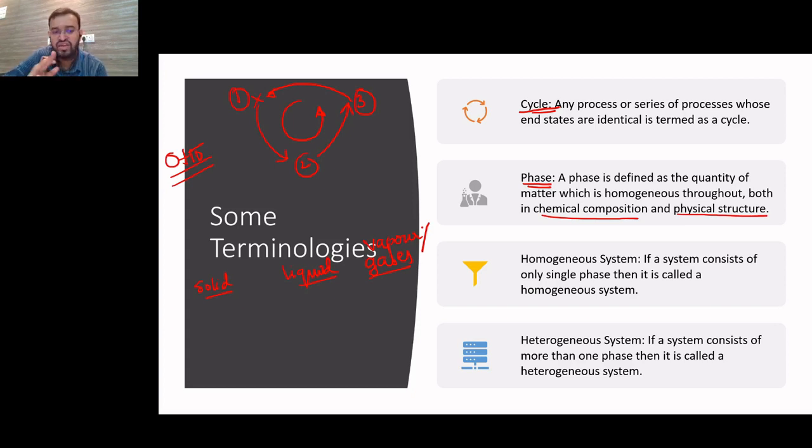Okay, it will not vary greatly from position A to position B. So once you achieve that, you call whatever you have a phase, a single phase. So in thermodynamics we primarily talk about three phases, as I've just mentioned: the solid phase, the liquid phase, and the vapor or gaseous phase. Okay, now how do you define a solid phase? How do you define something as being solid?